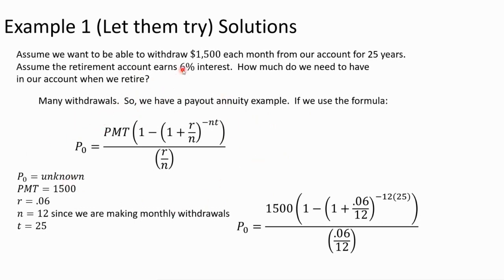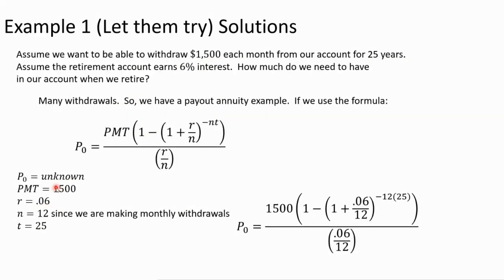Okay, so from here, we know what PMT is, right? That's our $1,500, right? This is going on for 25 years. That's why our T is 25. 6% interest. Our R then is 0.06, right? We don't know what P0 is.